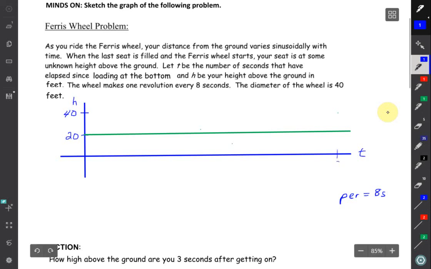So we need to label this as 8, and then we're going to split this into quarters. So the easiest way is just to cut this in half and then cut each of those in half. And it doesn't have to be perfect. We are labeling these, so if it's off a little bit, that's okay. So halfway is 4, and then this would be 2 and 6.